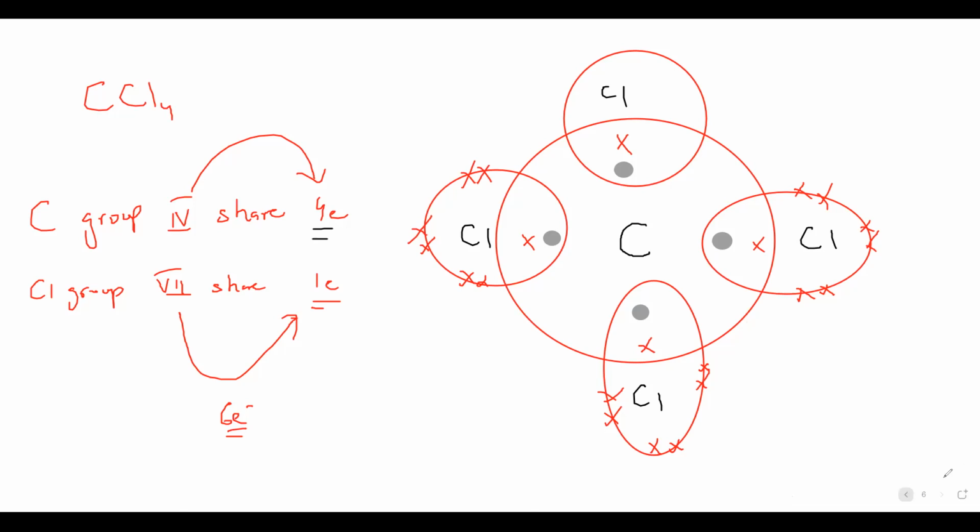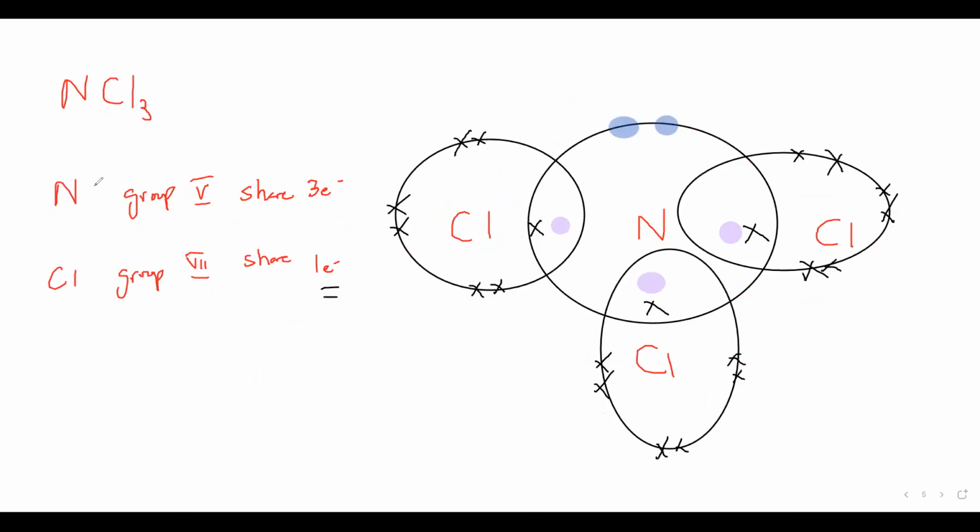For an example where the central atom is sharing 3, I gave you the previous example. Nitrogen belongs to group 5, so it was sharing 3, and chlorine belongs to group 7, so it was sharing 1. One side chlorine brings 1, nitrogen shares 1, and the same for each chlorine. So each chlorine shares 1, nitrogen shares 3, and 2 unshared electrons are there on nitrogen.